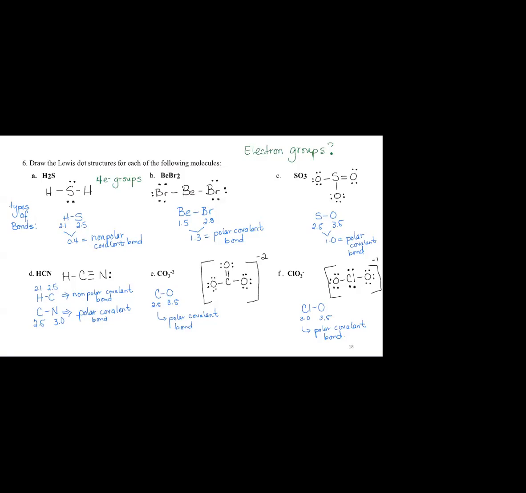What are the 4 electron groups? A lone pair, a single bond, and a single bond. Letter B, around beryllium, there's 2 electron groups. A single bond and a single bond.